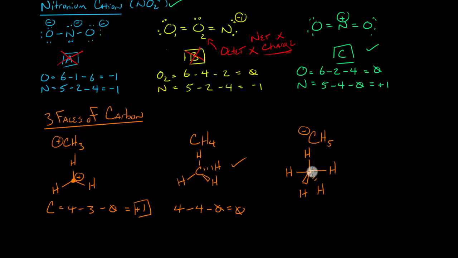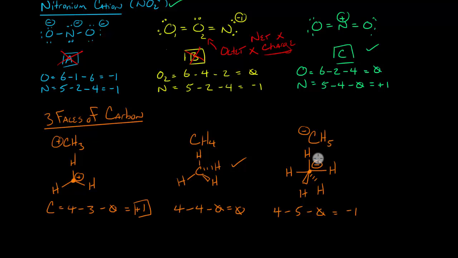Okay, so now thinking about the carbon's charge, if we want to do the formal charge calculation, we do 4 minus 1, 2, 3, 4, 5, minus 5, minus 0 for the total number of lone pairs. If you do the calculation, you'd see that this carbon in the center does actually have a negative charge. This looks to be not too bad until you start thinking about the octet rule.